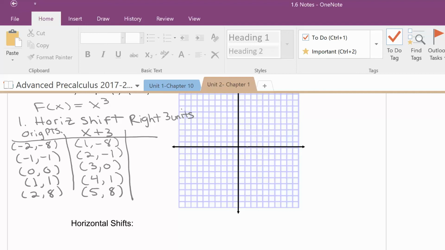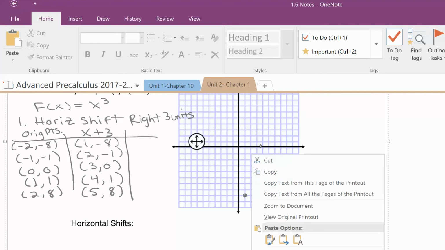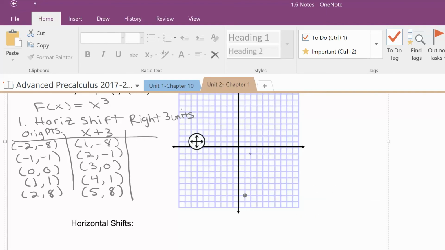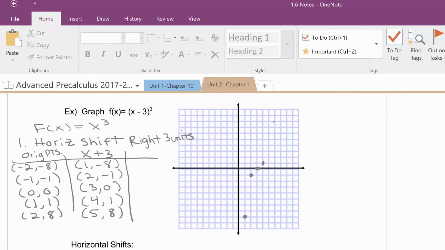So if you notice, it's now at 1, -8, 2, -1, 3, 0, 4, 1, and 5, 8.